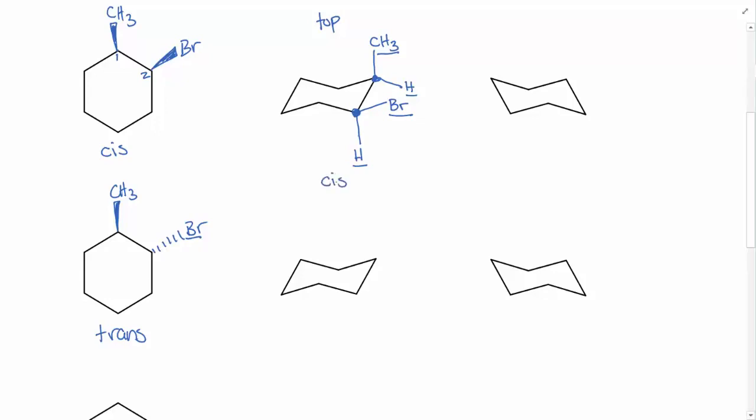If we wanted to draw the other chair conformation, then we could just pick any carbon which is going to put the CH3 group, now instead of the axial position, in the equatorial position, and that will represent the chair flip of this molecule. One way that we could do that is pick this as carbon number 1.